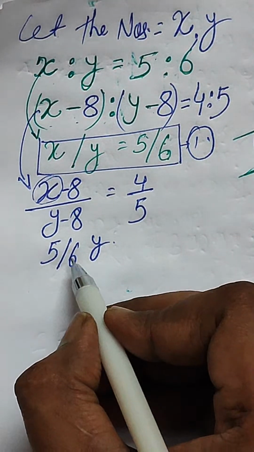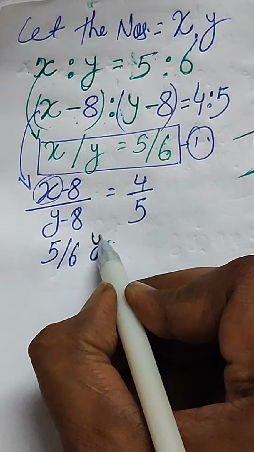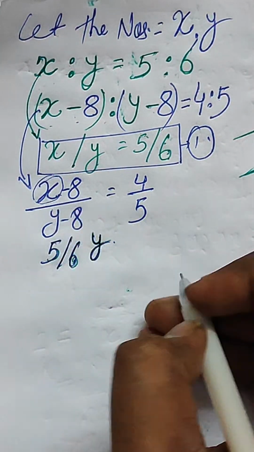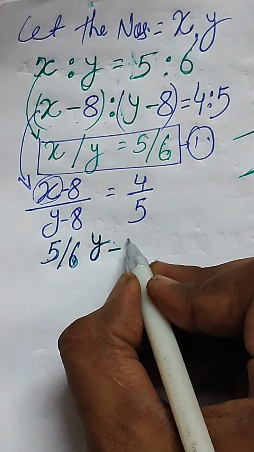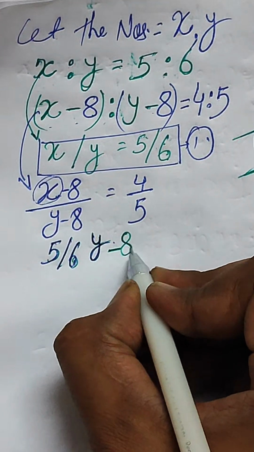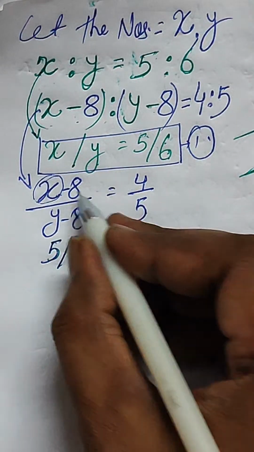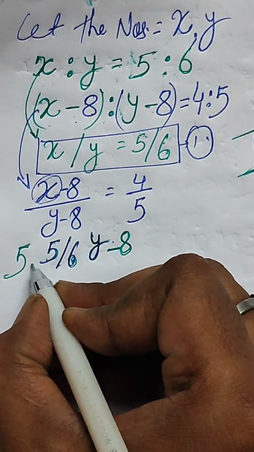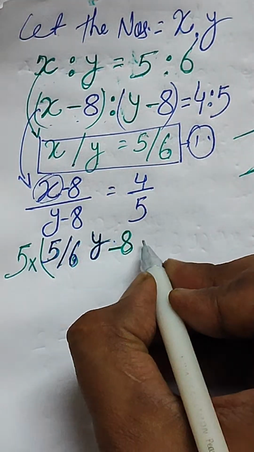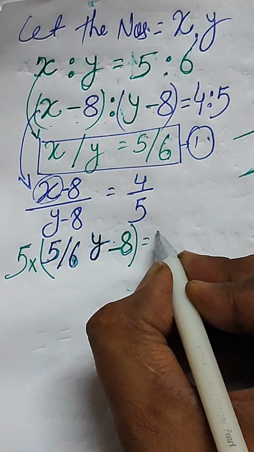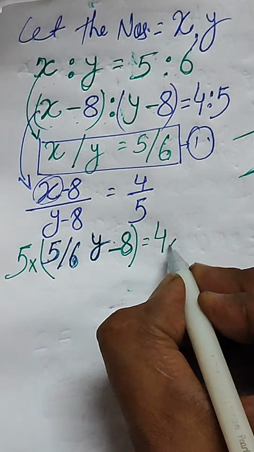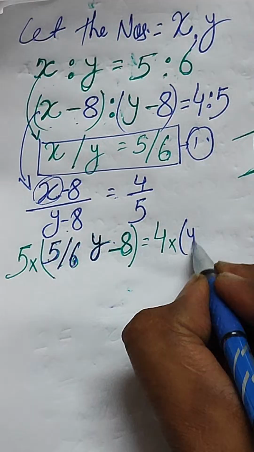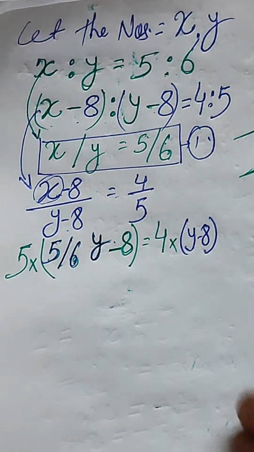So that is 5 by 6y. 5 by 6y is the value of x minus 8, right? And this 5 will be going into the LHS. So this will be multiplying 5 by 6y minus 8, and this will be equal to 4 times this y minus 8 going into the RHS, right?